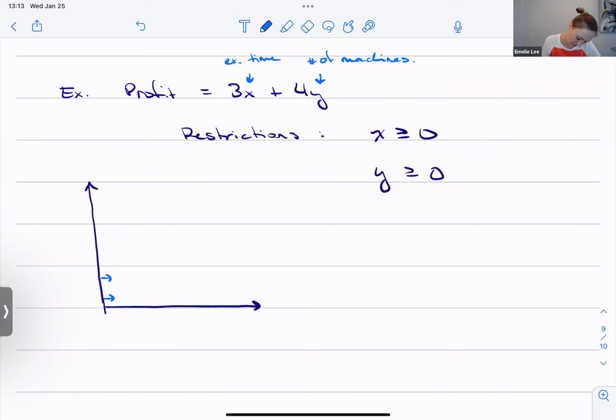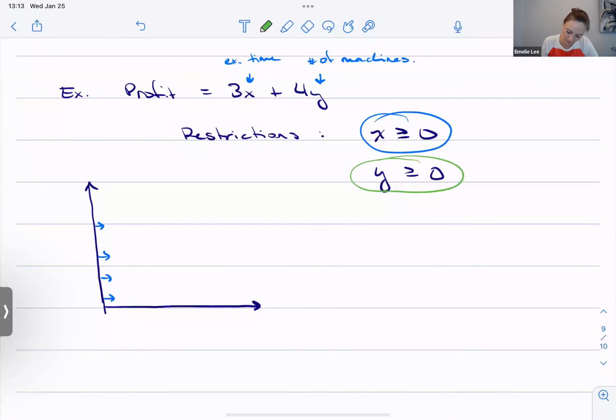So this restriction just looks like this. So I'm on this side of the y-axis. It'll make more sense once we talk about what these restrictions do and how we use them. But y greater than 0 means that I'm restricted to above the x-axis. So these are our graphical restrictions as well, and that's how we're going to use them.